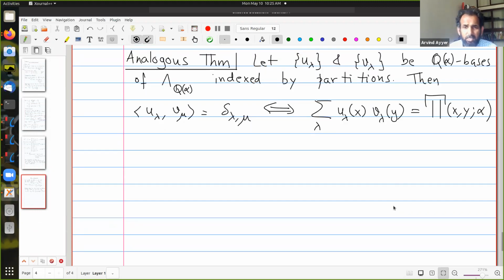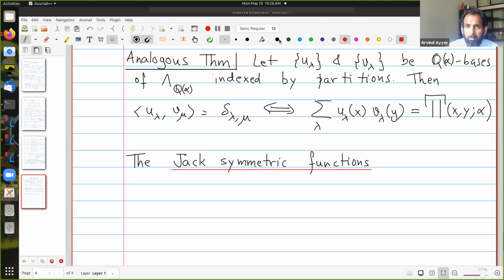And to define the Jack symmetric functions P lambda, here McDonald's convention is to put an alpha upstairs instead of inside the brackets.